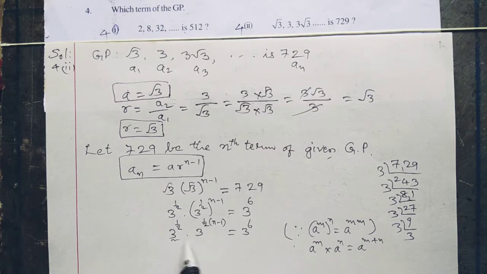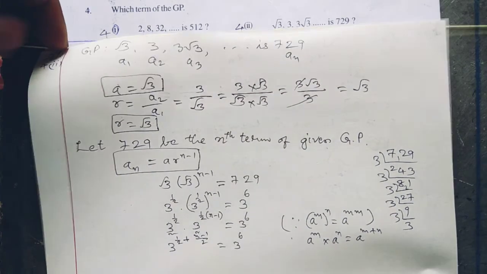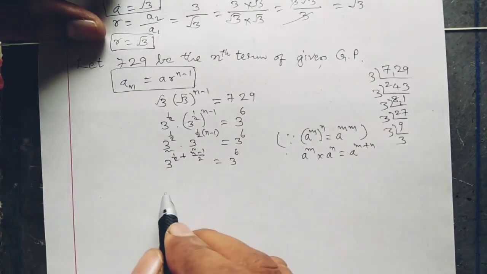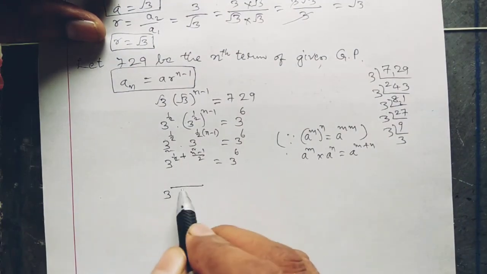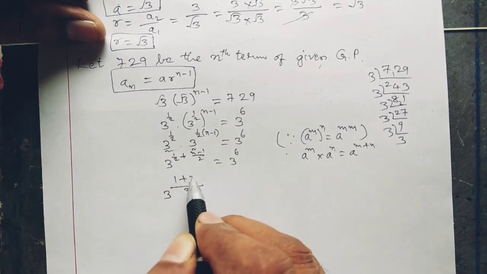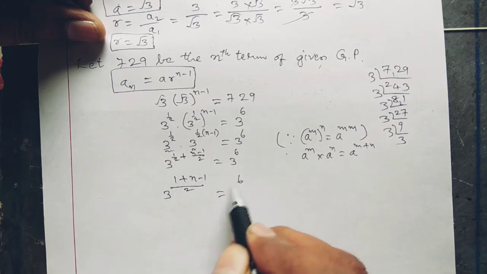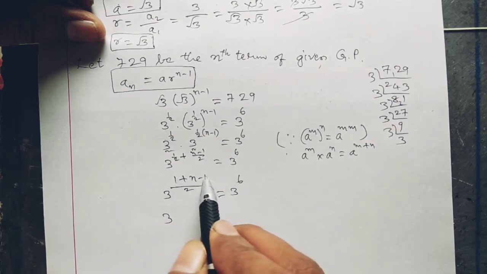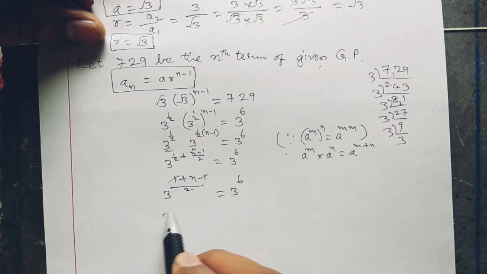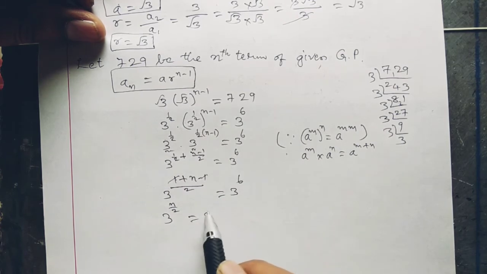Based on this, we can write 3 to the power of 1 by 2 plus n minus 1 by 2 is equal to 3 to the power of 6. 2 is the LCM, so 1 plus n minus 1 is n, so 3 to the power of n by 2 is equal to 3 to the power of 6.